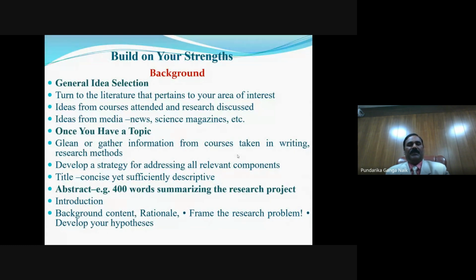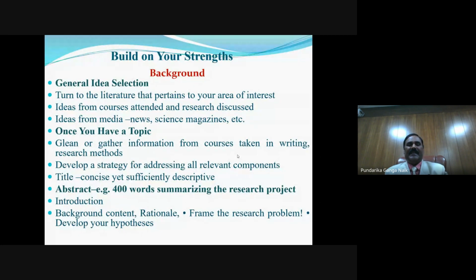Therefore, after you choose the raw topic for your proposal, the next step would be to glean or gather information from the courses taken in research methods, because some of the courses that you have undertaken as a part of your PhD program, the research methodologies and other courses, are a learning for you.